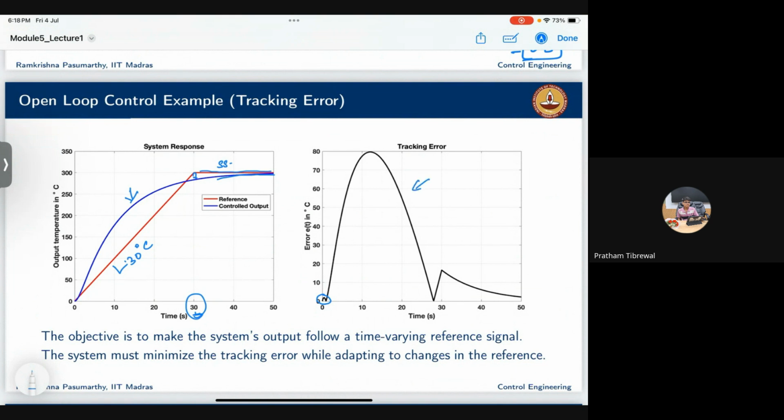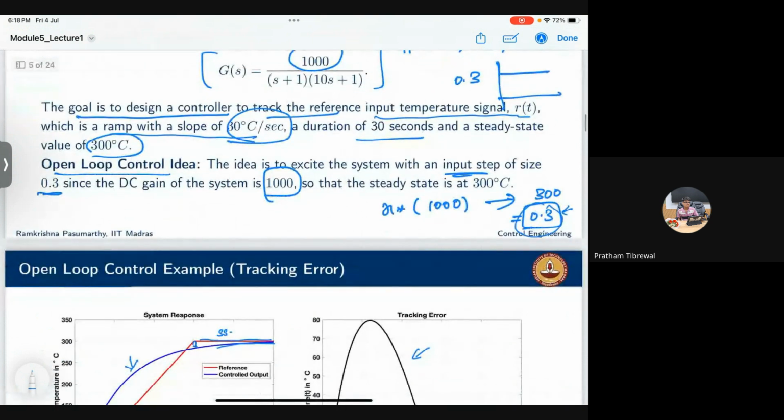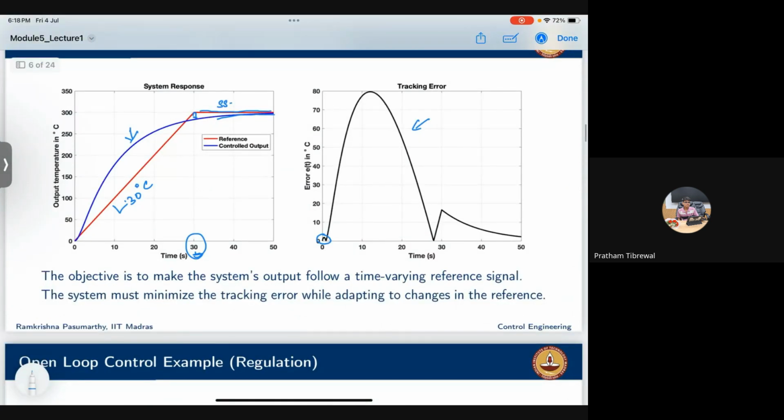It's the difference between the reference input and the controlled output, the output response after implementing this control signal. So this is the error, and you can see after 30 seconds the error tends to decrease. If it goes to nearly 0, I would say we have designed a very good controller. This is where the quantitative analysis of the control parameters lies.